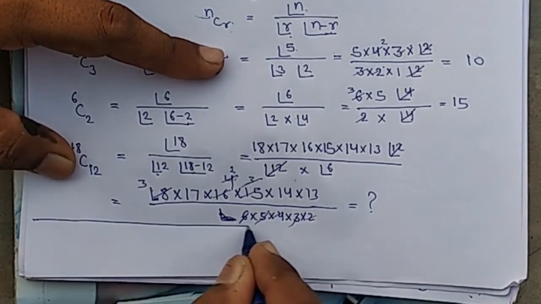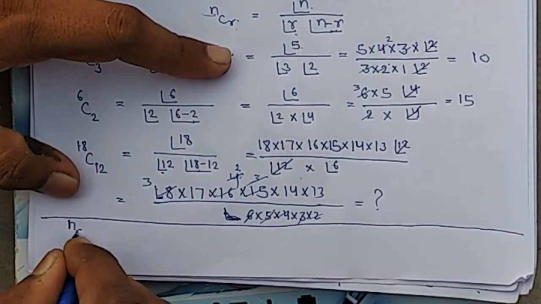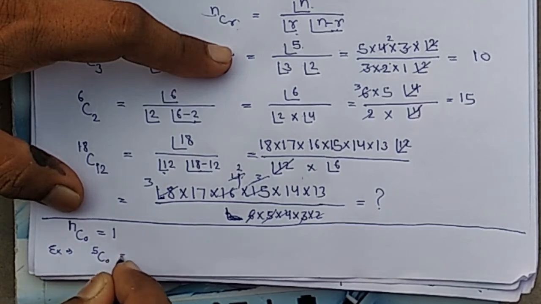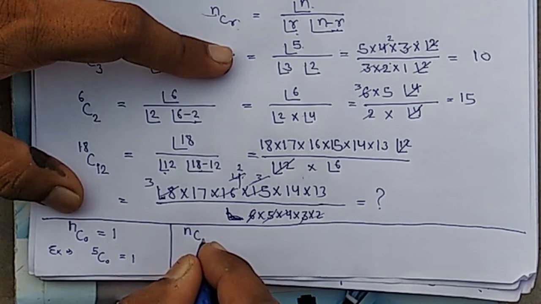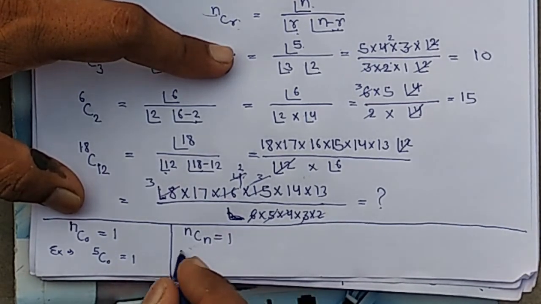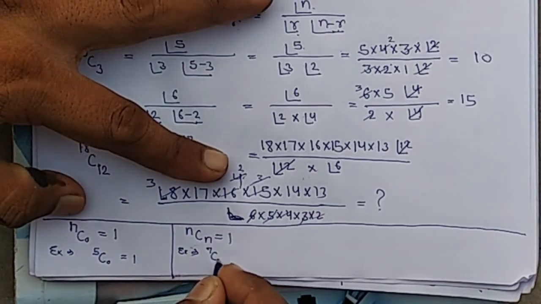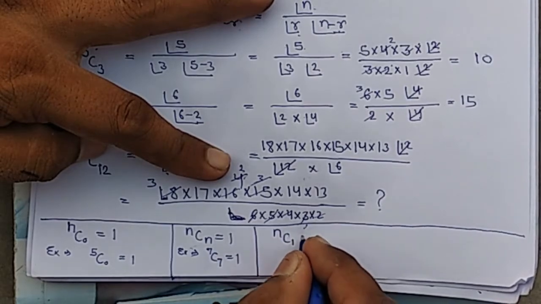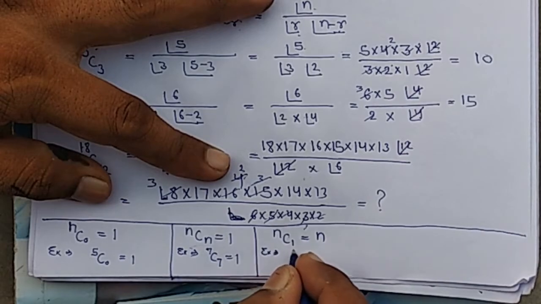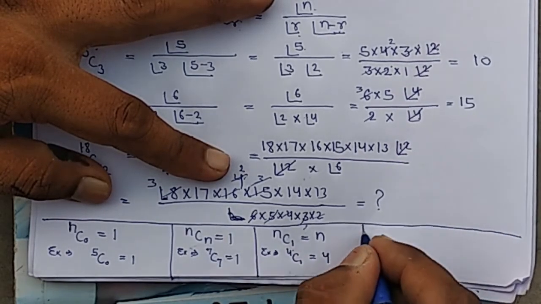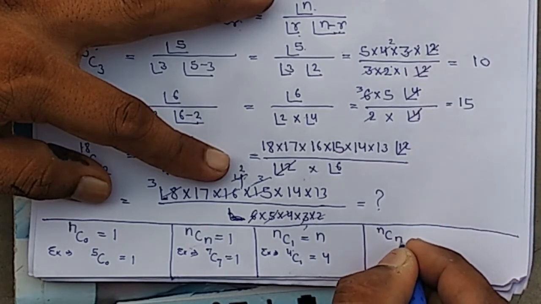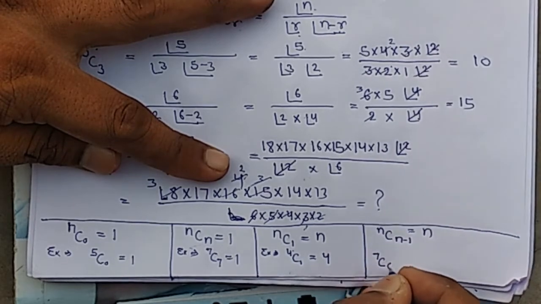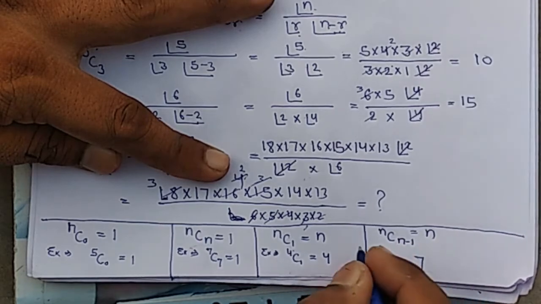Some basic formulae of nCr are: nC0 equals 1, means if we have 5C0 then it is equal to 1. nCn equals 1, means if we have 7C7 then the value of this term is equal to 1. nC1 equals n, for example 4C1 is equal to 4, and nC(n minus 1) equals n, means if we have 7C(7 minus 1) then it is equal to 7.